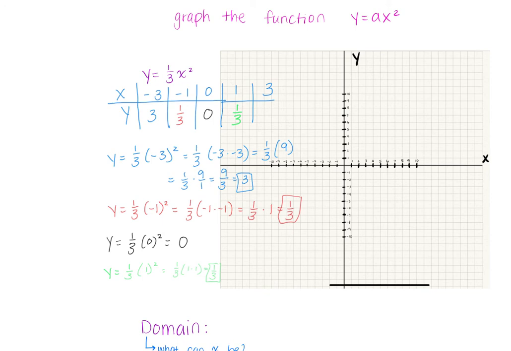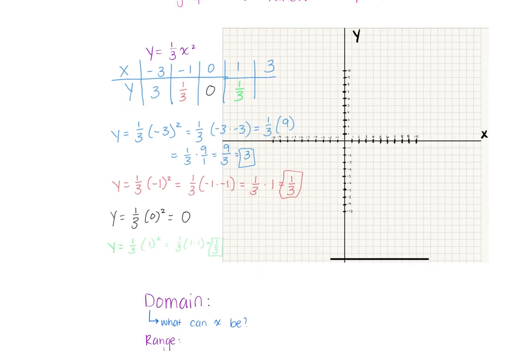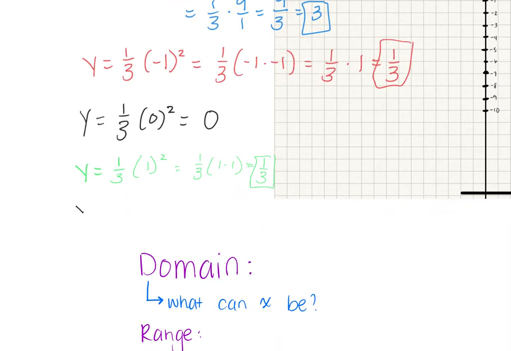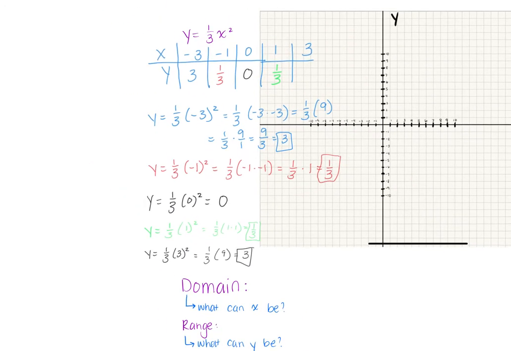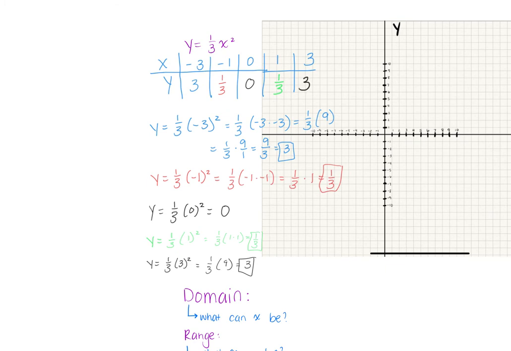And our very last one at x equals 3. So y equals 1/3 times 3 squared. What do we get here? Tessa? You just get 3, because this is 1/3 times 9, and 9 divided by 3 is just 3. Now that we've created our chart, let's go ahead and plot this, okay?